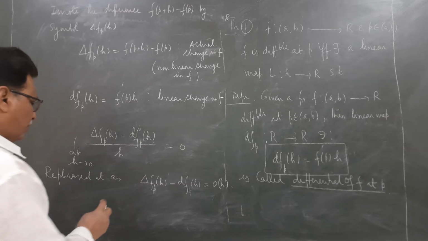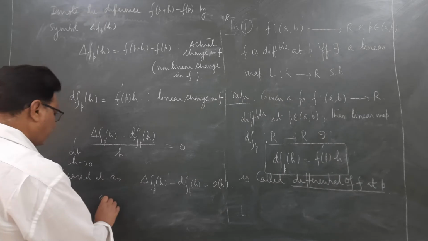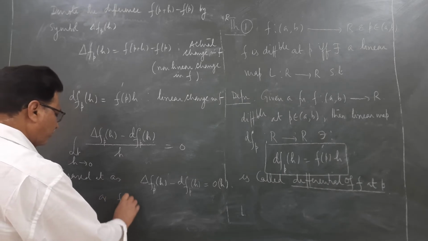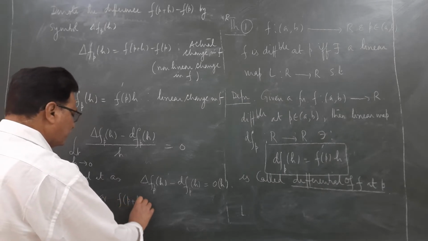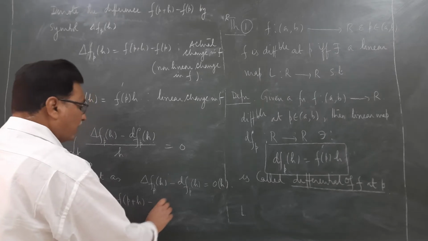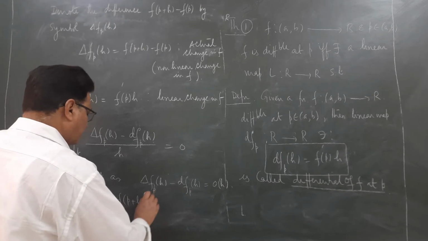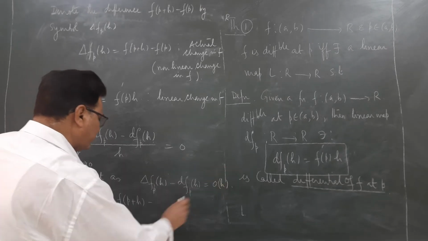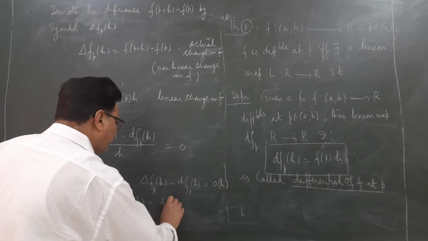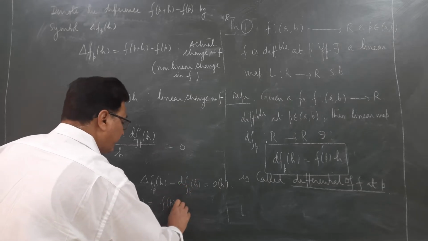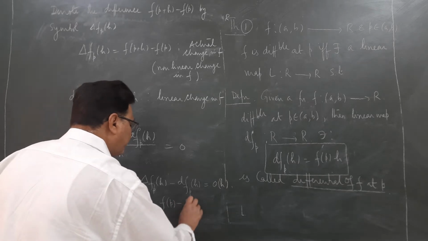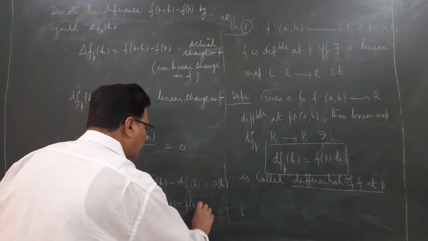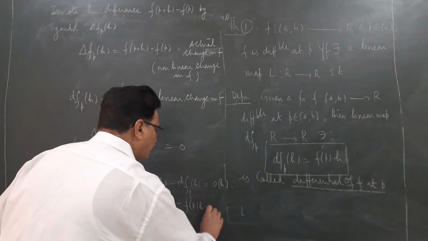Or I can rewrite this as f(p+h) minus f(p), and I can send that over there, so it becomes f(p) plus df_p(h), which you have already seen is f'(p) times h, plus o(h).